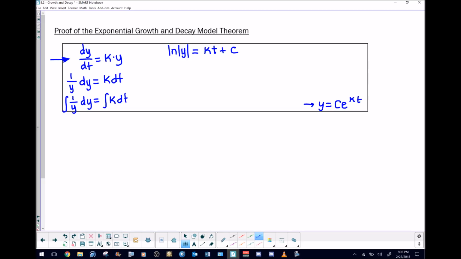Now, we're not quite to the point where we can say what y is equivalent to, so one means by which we could do that is to use each side as exponents of the base e. Upon doing so, the natural log and the e dissipate, and we're just left with the absolute value of y.